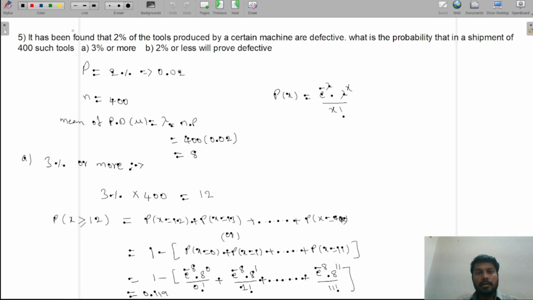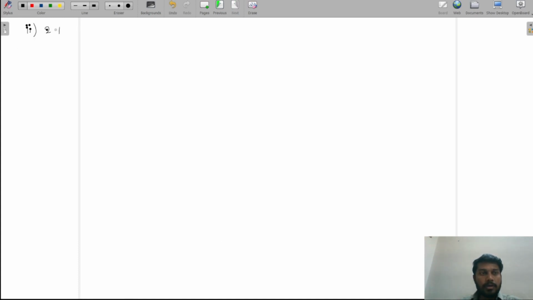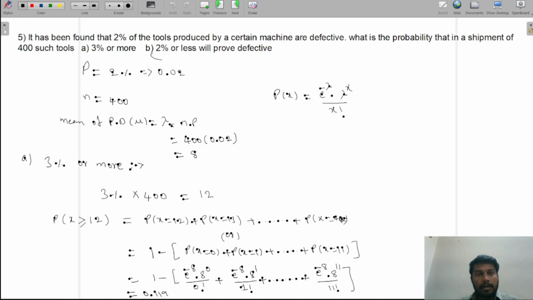Okay, right. So the second one, 2% or less will prove defective. Again, in this question, the value of x is given in terms of percentage, so what I'll do now is convert this percentage to an integer.